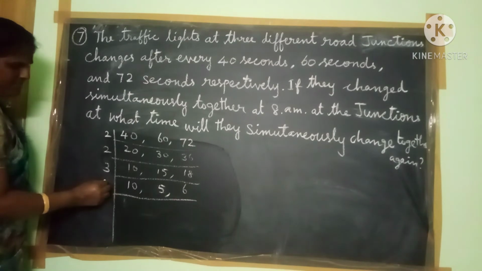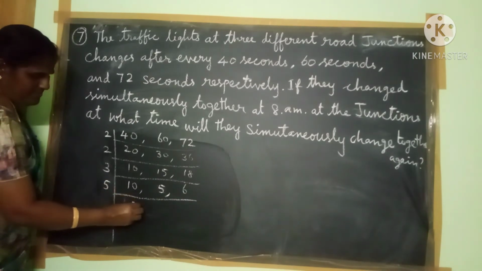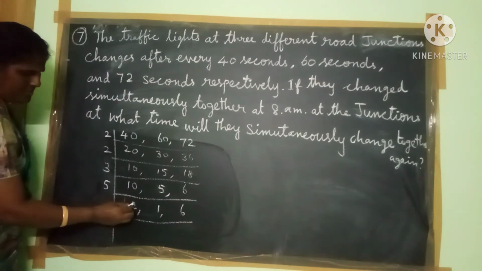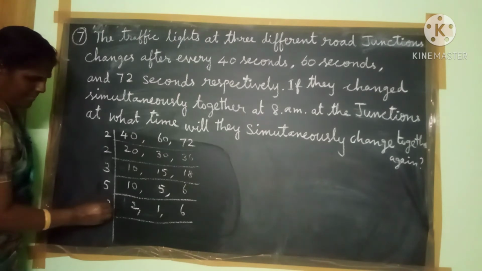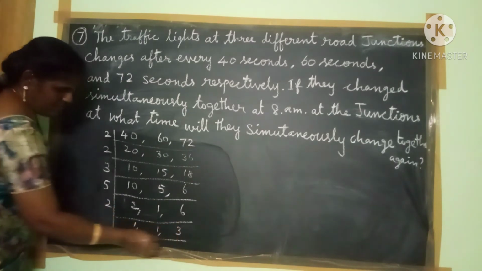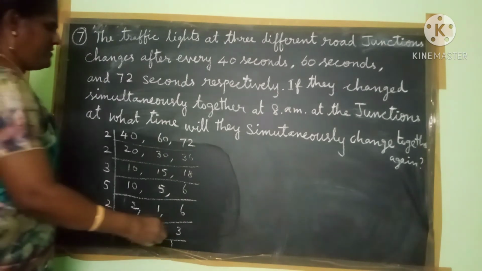Again we will select 5 table, how many times will it come? Yes, 2 times, 1 time. 6 will not divide it, so just leave it. In 2 table, 1 time, 3 times. So 1, 1, 1.